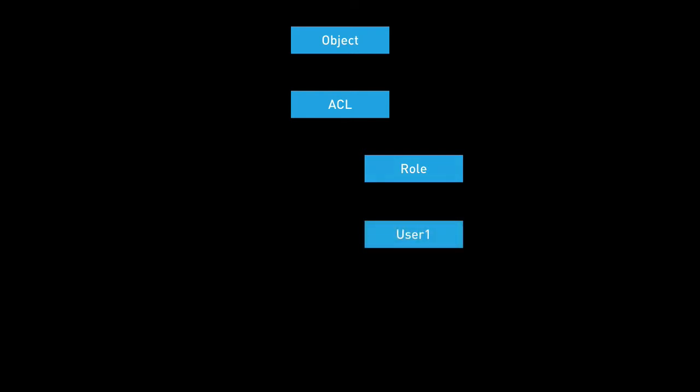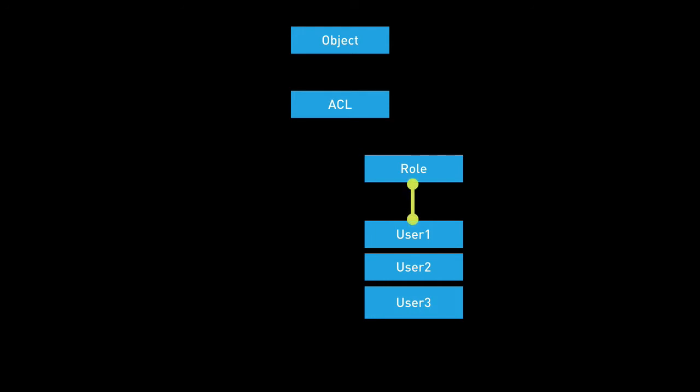We would then, one by one, add users who belong to this role. We would then link this role to an ACL, and just like before, we would link this ACL to an object. So we might say, set write access to this role.